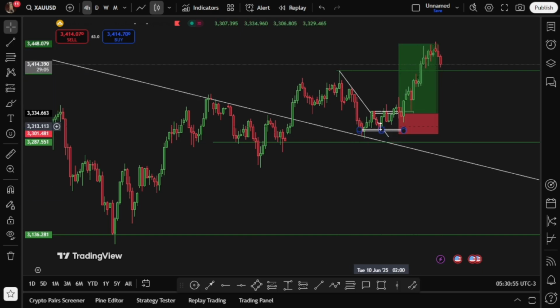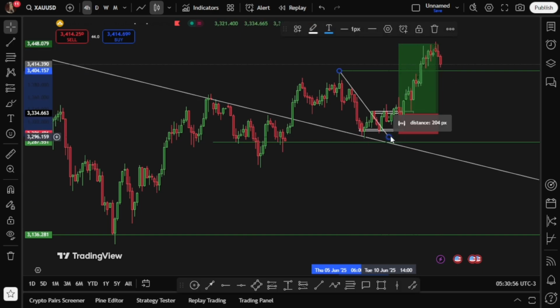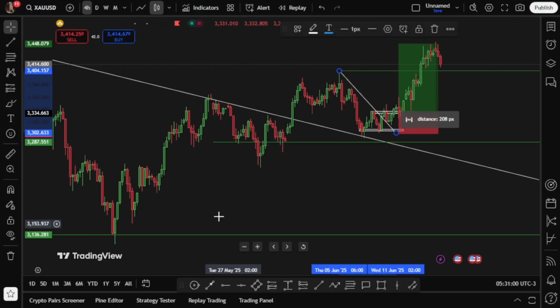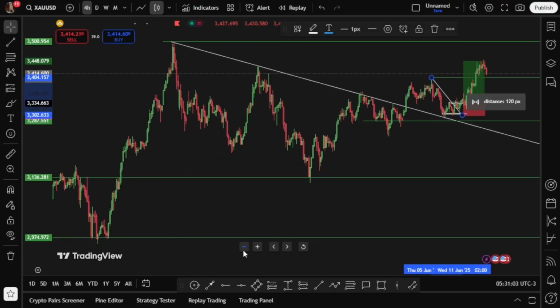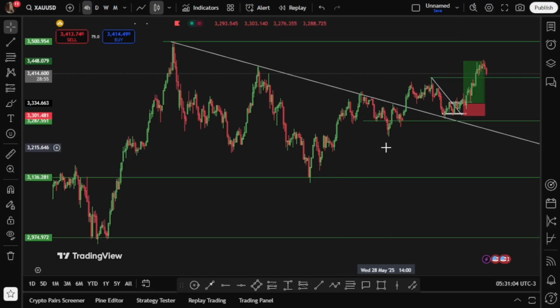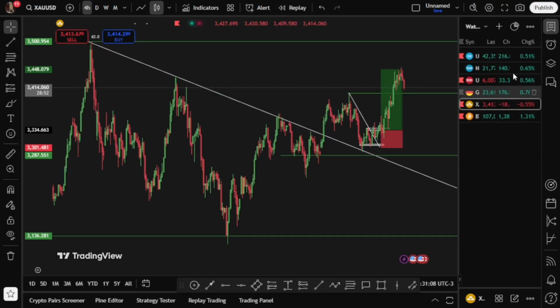If you are trading gold as a beginner, guys, let me give you a little heads up. Take two things into consideration. When you are trading gold, you also want to trade a US stock index, either S&P 500, NAS 100 or US 30. Why?